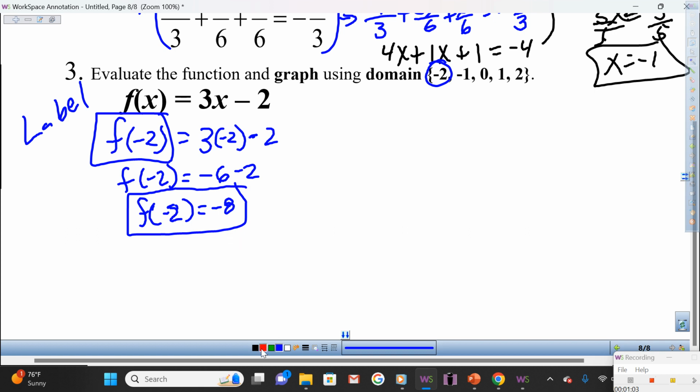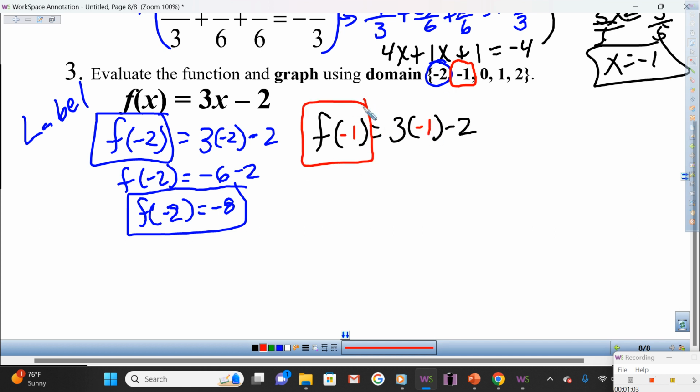Let's do the next value. I'm going to switch to red. Negative 1. So I write again f of 3 parentheses minus 2 and substitute which value? Negative 1. And once again, the left side is known as our what? Our label, telling us what we're working with. That stays the same. So, what is 3 times negative 1?